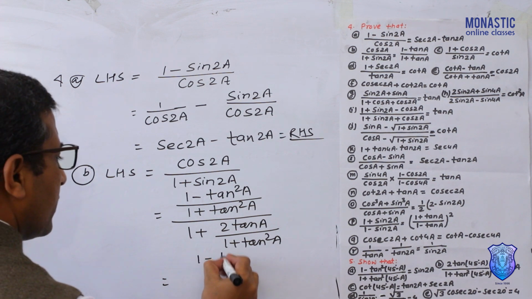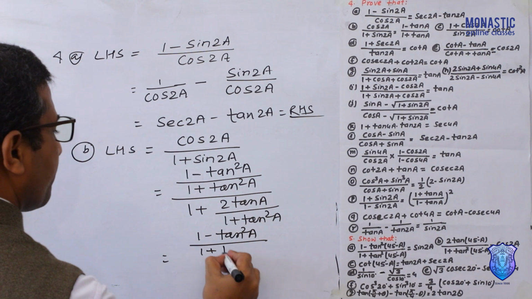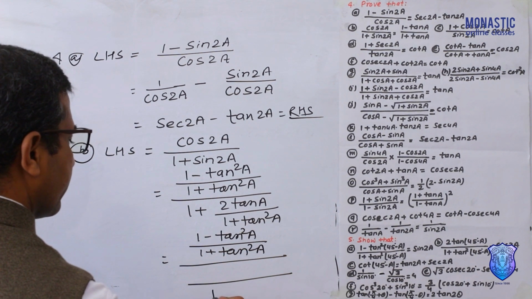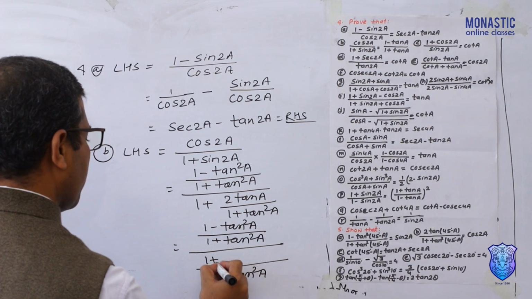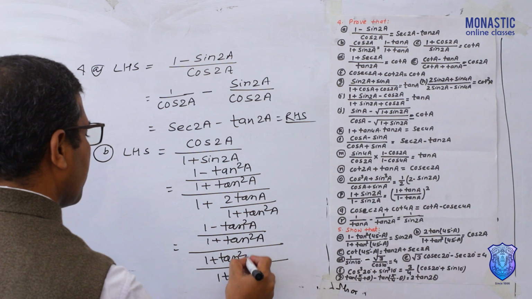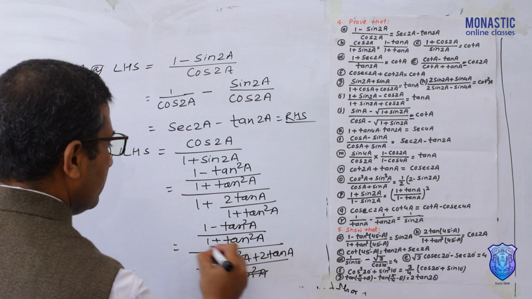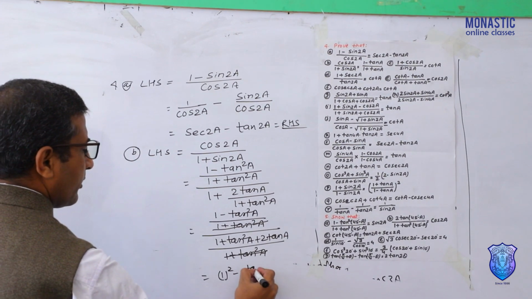Just do the simplification. Upper part we don't have to do anything. Now here we can take the LCM, that is 1 plus tan square a, 1 plus tan square a plus 2 tan a. Now look carefully what the remainder is.